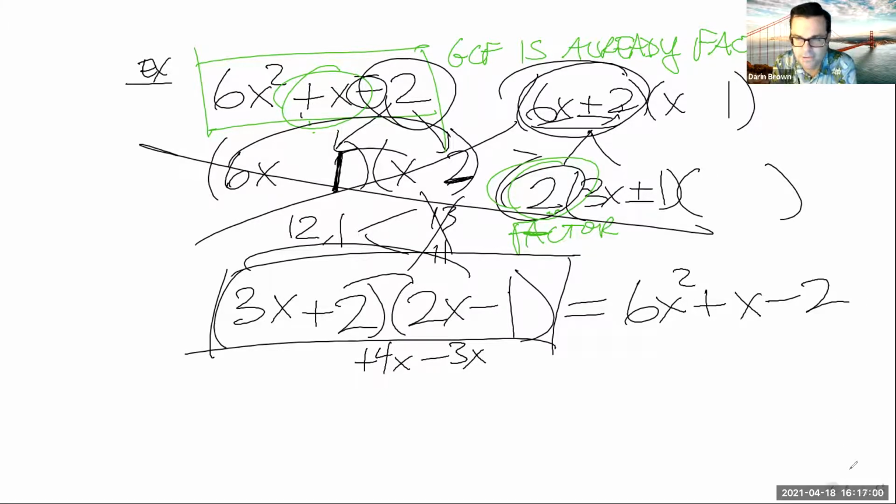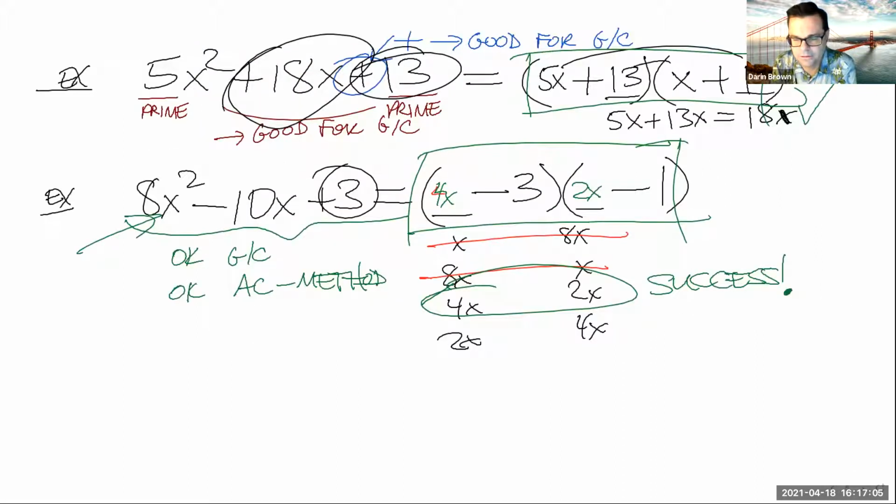All right, so it's time to go over the AC method. Before I get started, let me say this. Not most of you, but a lot of you may have seen some algorithm or way of going through this to factor these trinomials that you were taught by someone else, and it may look slightly different from what I'm going to present.